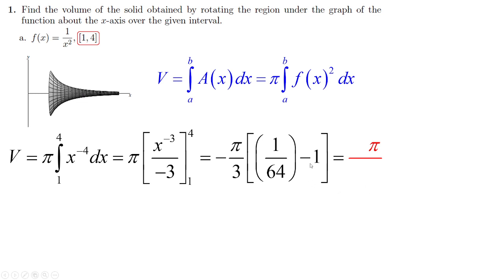This is 1 over 64 minus 64 over 64, which is going to be a negative 63 over 64. Okay, and let's clean it up. Negative times a negative is a positive. How many times is 3 going into 63? Would that be 21 times? So 21 pi over 64. There it is.